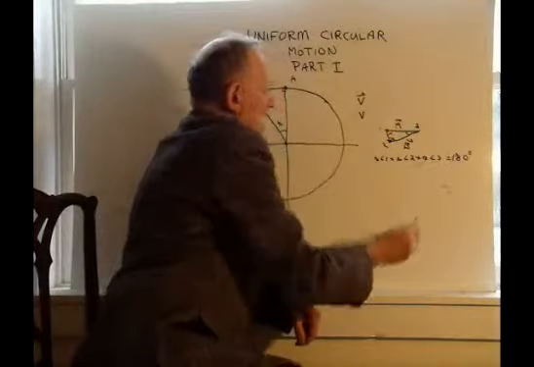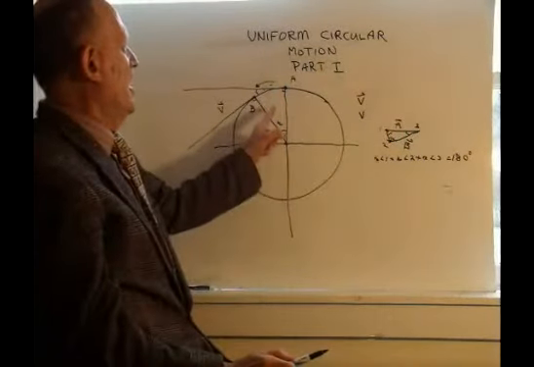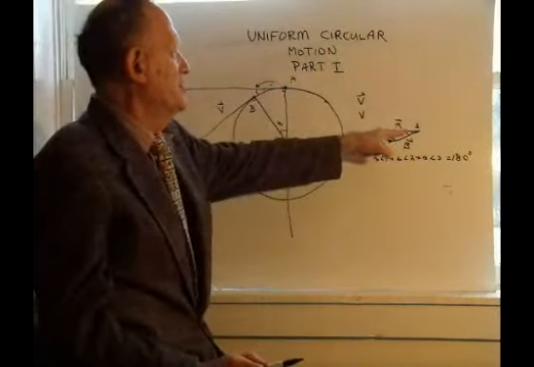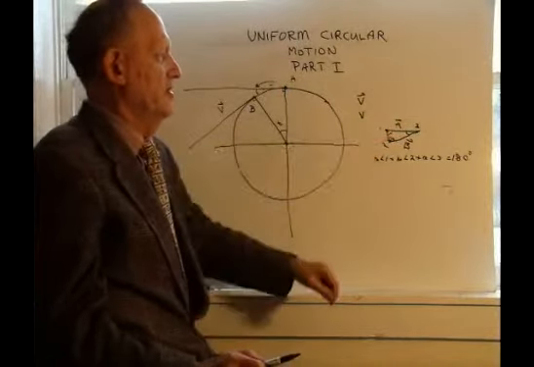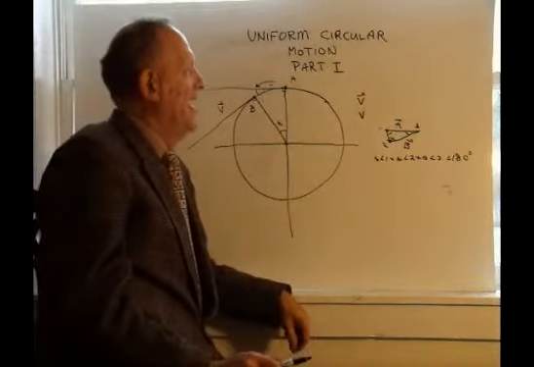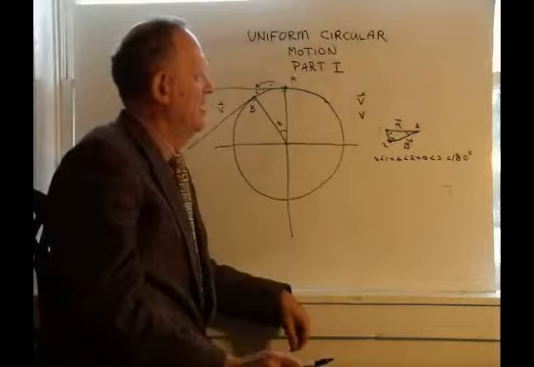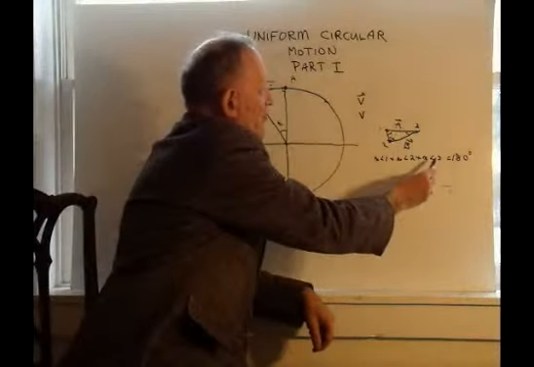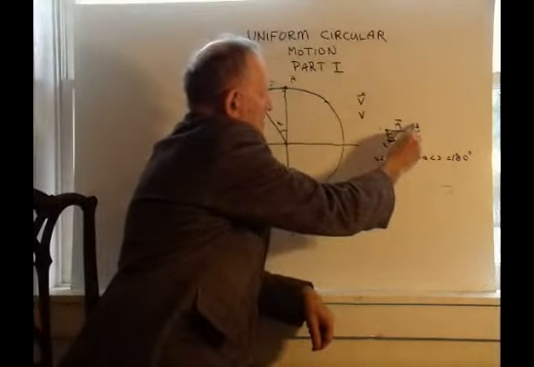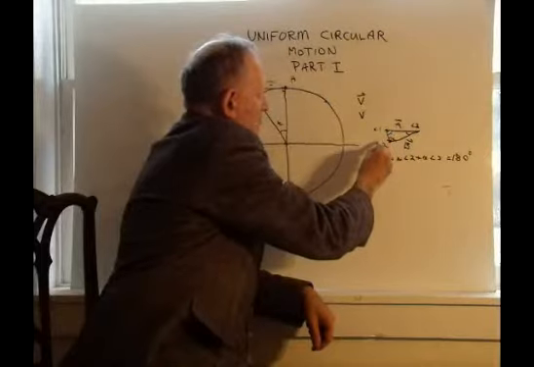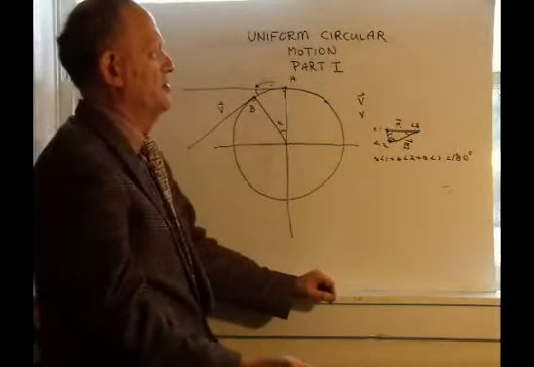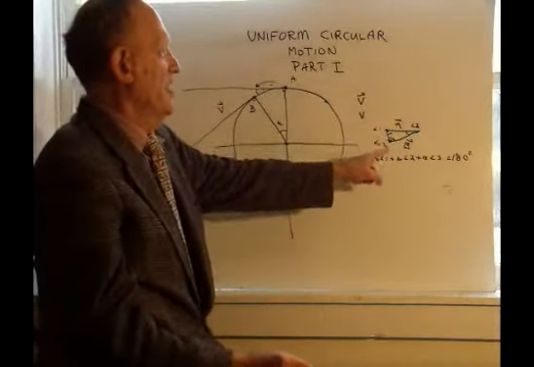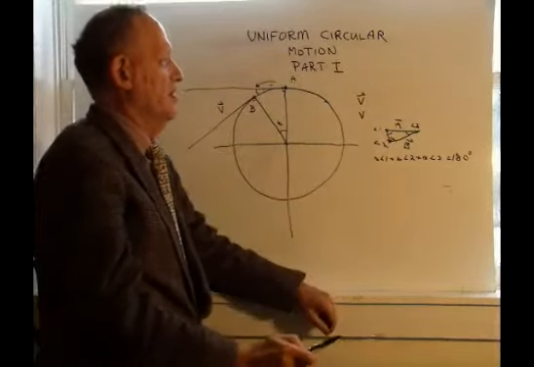Okay. Now, as we get our time shorter and shorter, this angle is going to get smaller and smaller. Angle 3 is going to get closer and closer to 0, whereas angle 1 and angle 2 are equal.